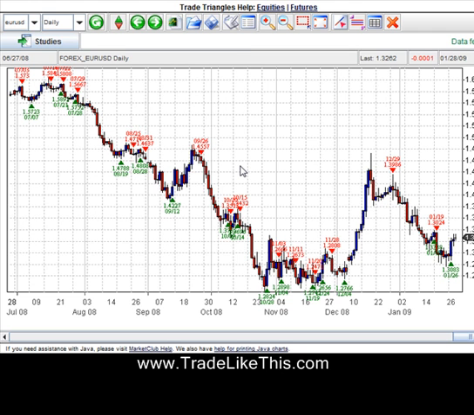It will tell you when there is a trade based on these trade triangles, but you actually do have to log into your account and push this button, which is the button to show the trade triangles. So it's not an automated thing, but it's very worthwhile, and I highly recommend it.